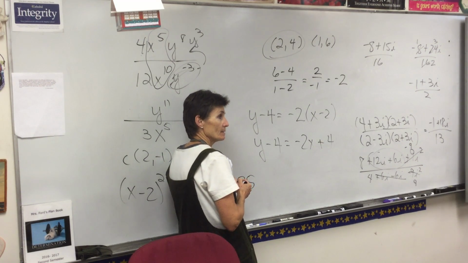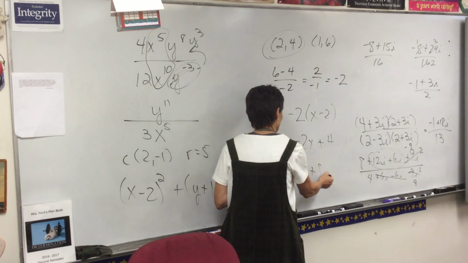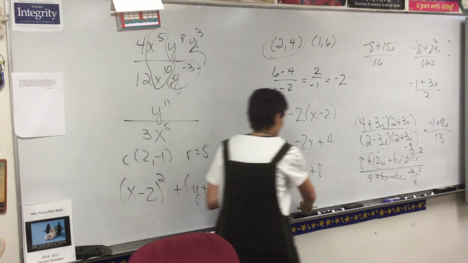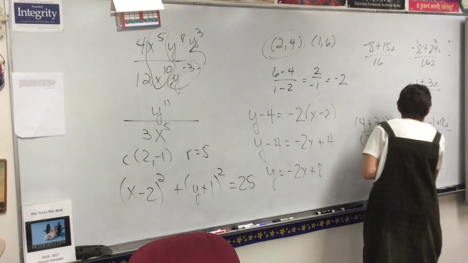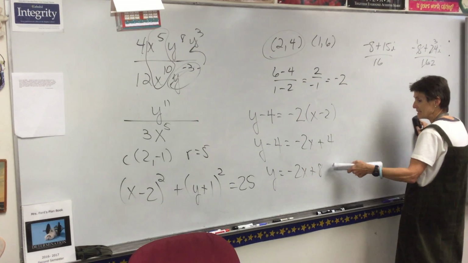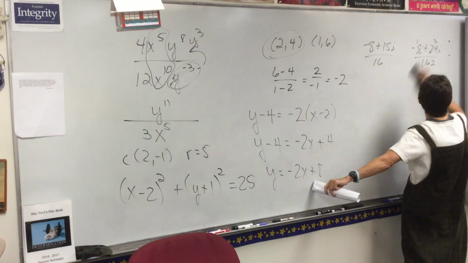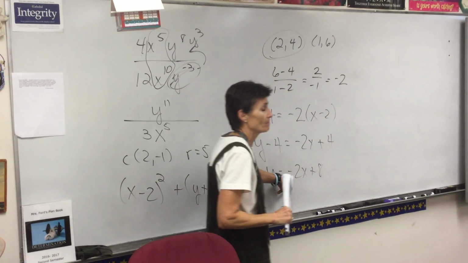Right? Now I'm going to add 4 to both sides. So there is the answer to the question. On the test, the directions do say slope-intercept form, so you would need to go to this point. This is the answer. This is where you need to be.